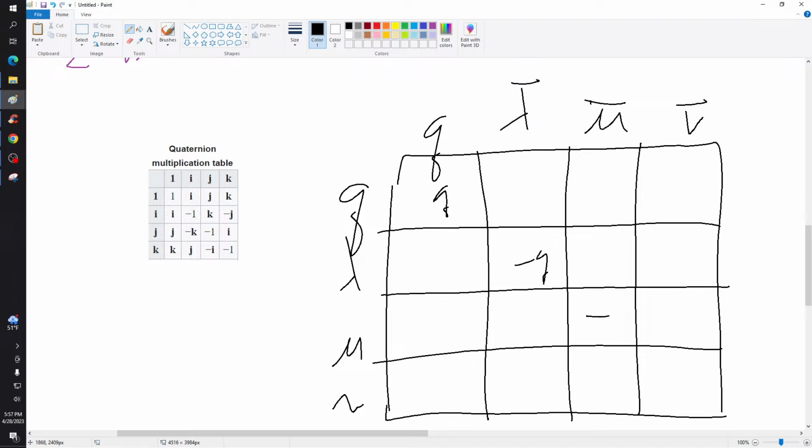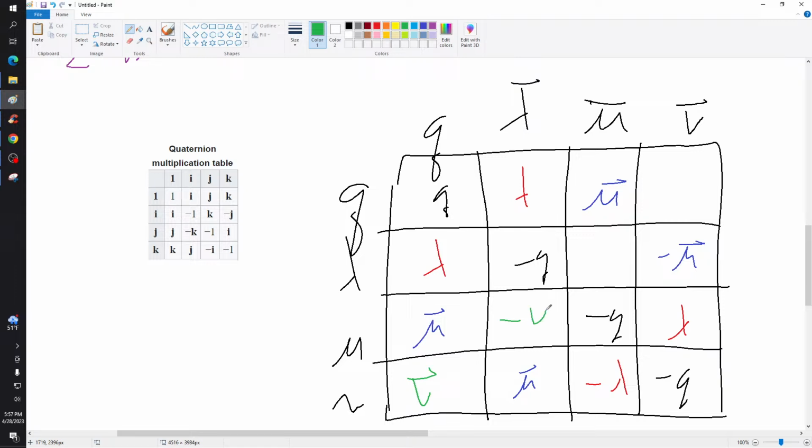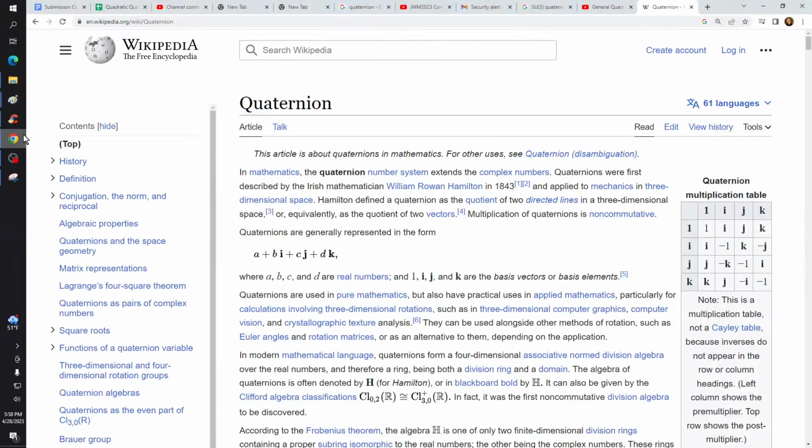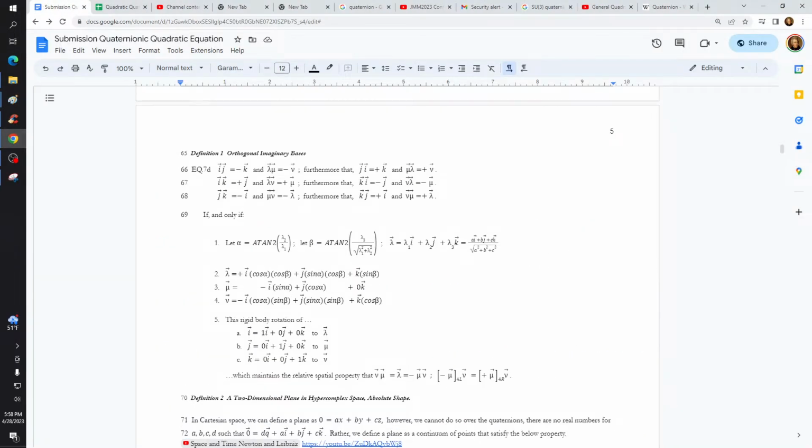Q, negative q, negative q, negative q; lambda, lambda, negative lambda, lambda; mu, negative mu, mu, mu; finally, nu, negative nu, nu, nu. So that is what the rigid body rotation of ijk to lambda mu nu does. It preserves the multiplicative relationship that we're already familiar with.